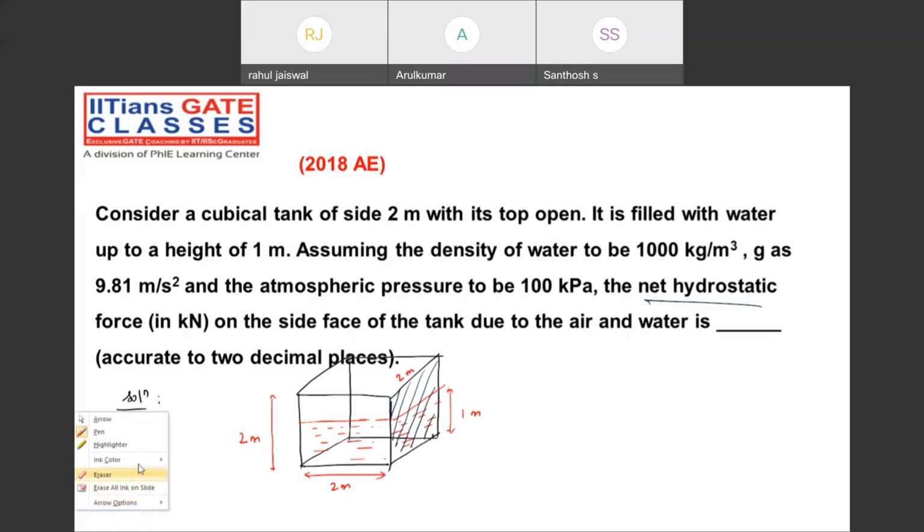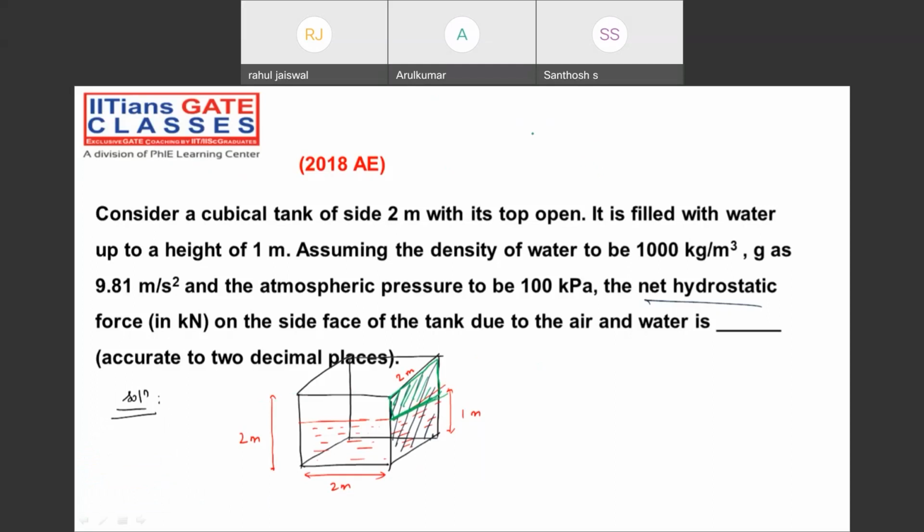Let me color it with a different color. Will this green part be facing any kind of pressure force or not? Will the part above 1 meter of the tank face any pressure force? Because there is no liquid, there will not be any hydrostatic force.